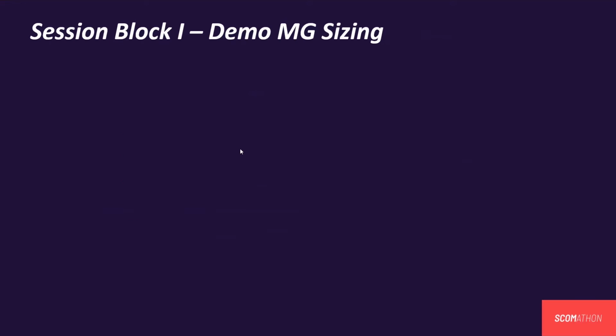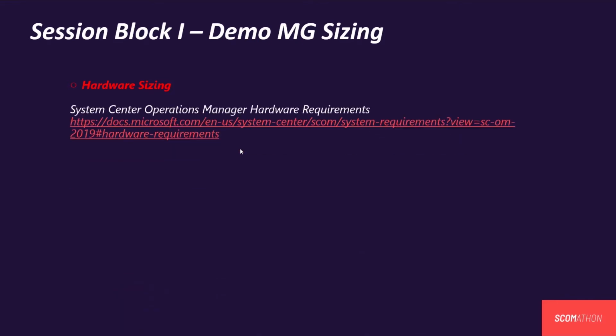And let's see what also needs to be done here. This is the hardware sizing part. For the hardware sizing, meaning the resources of your management and gateway servers, you need to turn to this article. This is an MS Docs article which will cover or help you size your components.